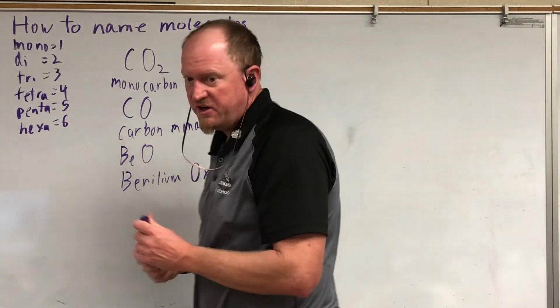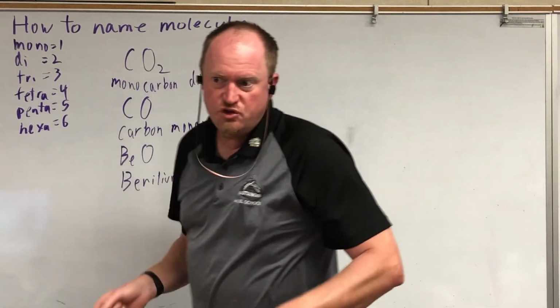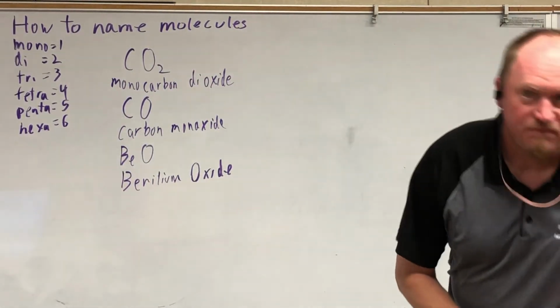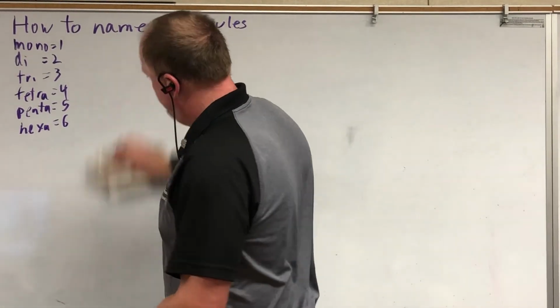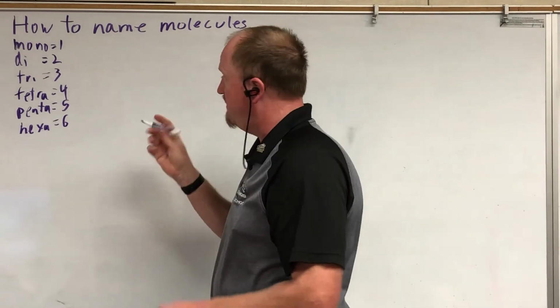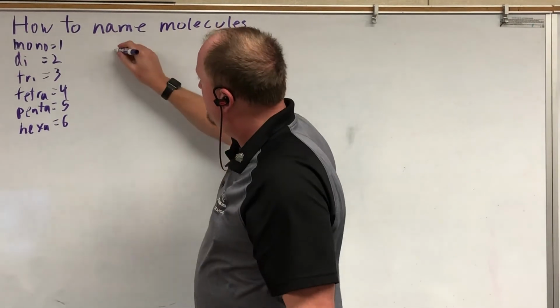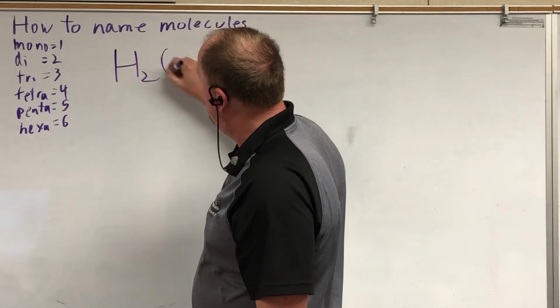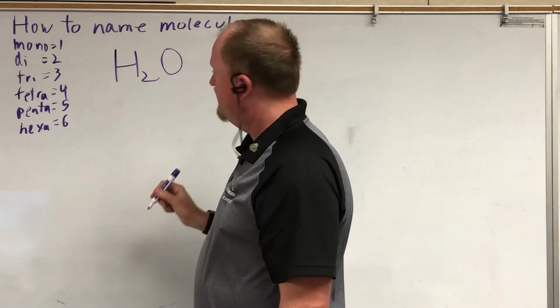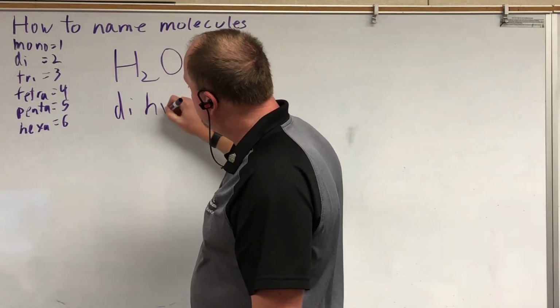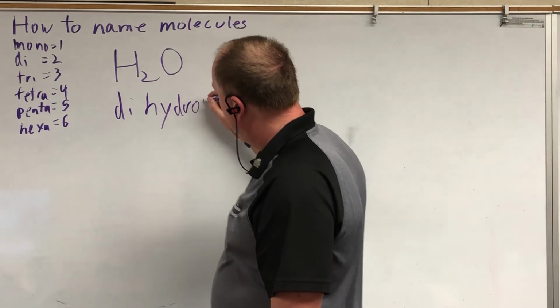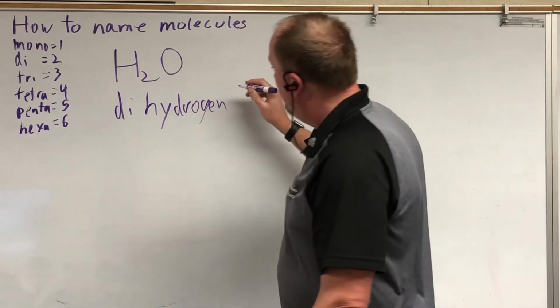Let's go forward here. All right, here's another formula for something I'm sure you've seen before. H2O. Well, there's 2 hydrogens, so that would be dihydrogen monoxide.